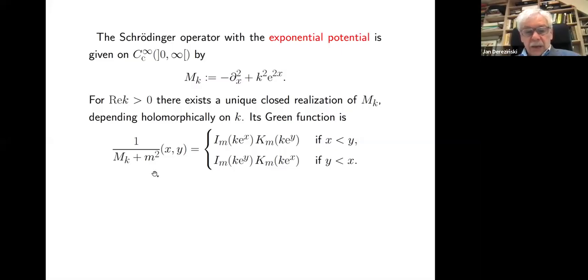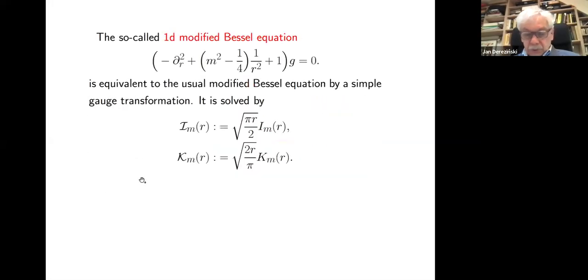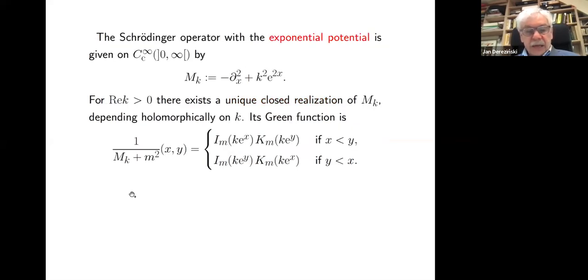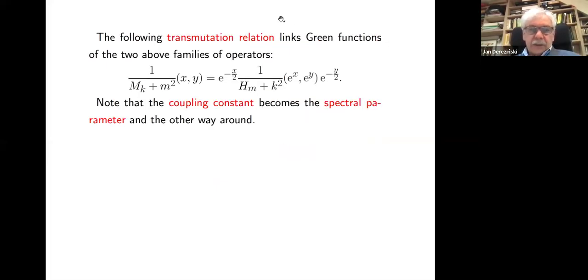Now, you may wonder why on the previous transparency, the parameter was called m and the spectral parameter was called k squared. Now it is the other way around, but there is a reason. There is a curious relation, I call it a transmutation relation, which links Green functions of the two above families of operators.